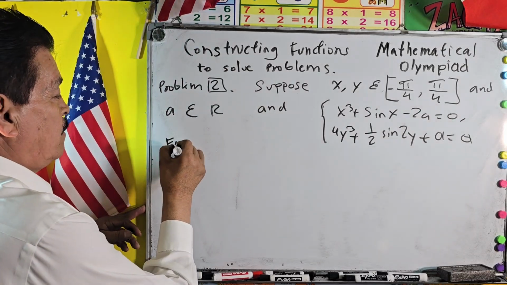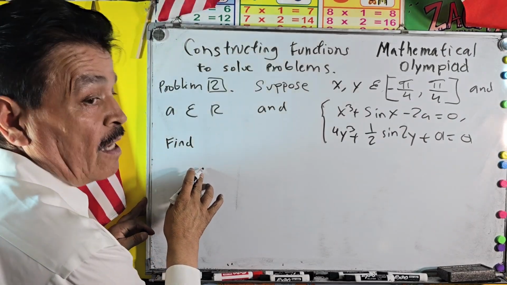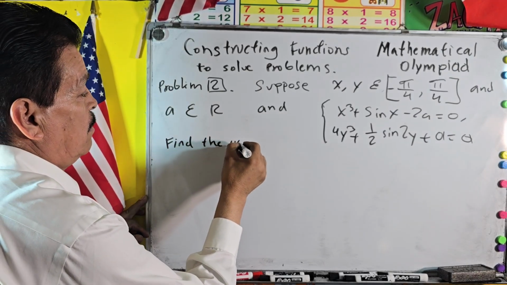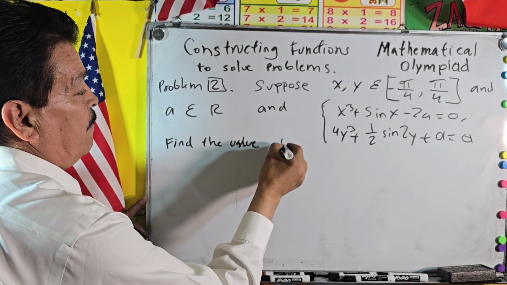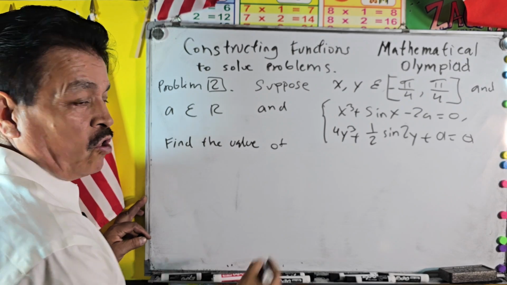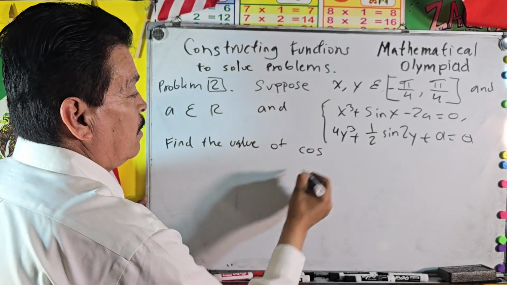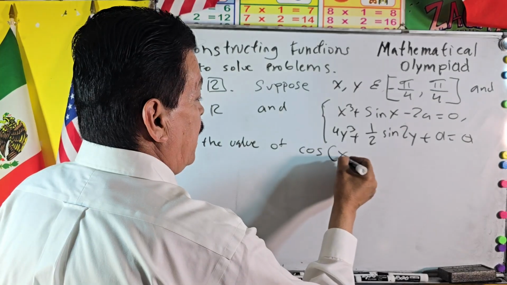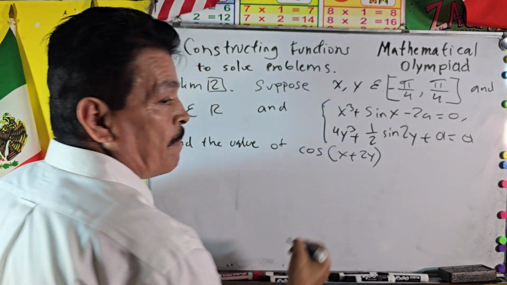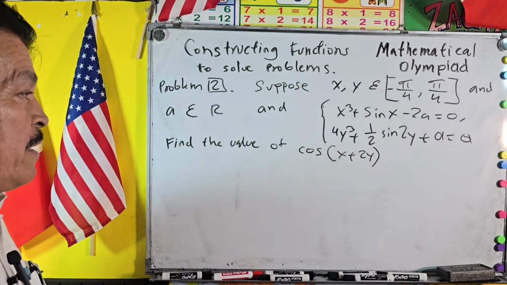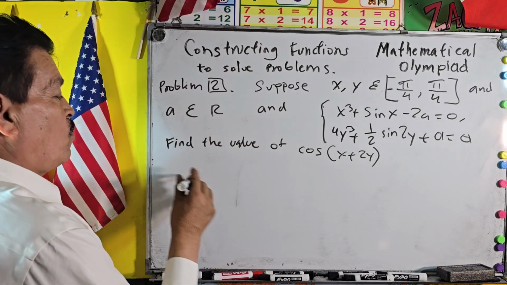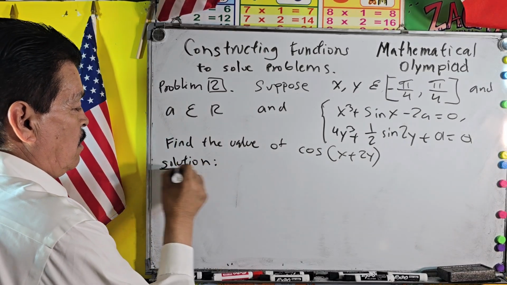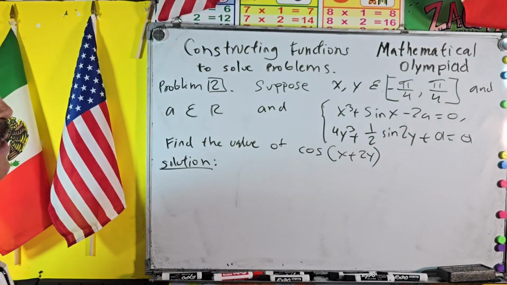We have to find the value of cosine of x plus 2y. So the solution. This is our problem.